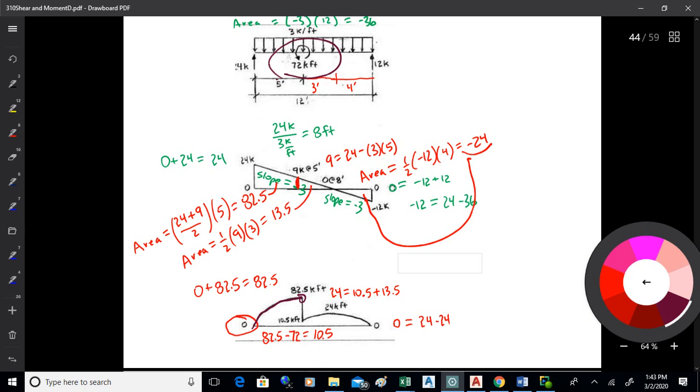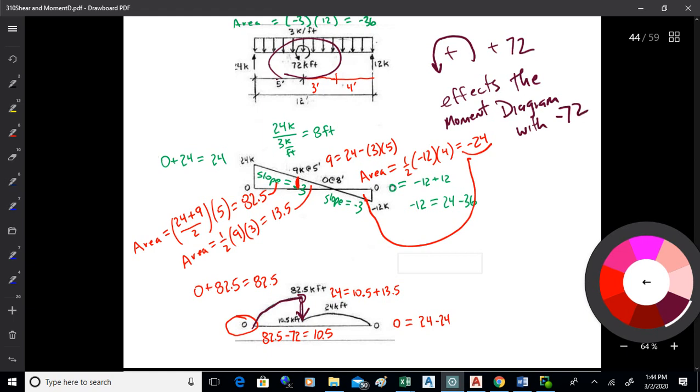That's a positive couple, so that's plus 72. The effect on the moment diagram, though, is negative 72. Okay. So what's happening there is the moment diagram's up at 82.5. It drops by 72. It ends up at 10 and a half right there.